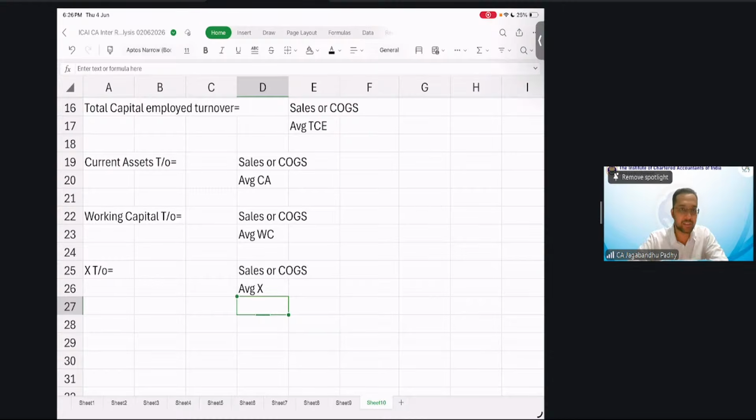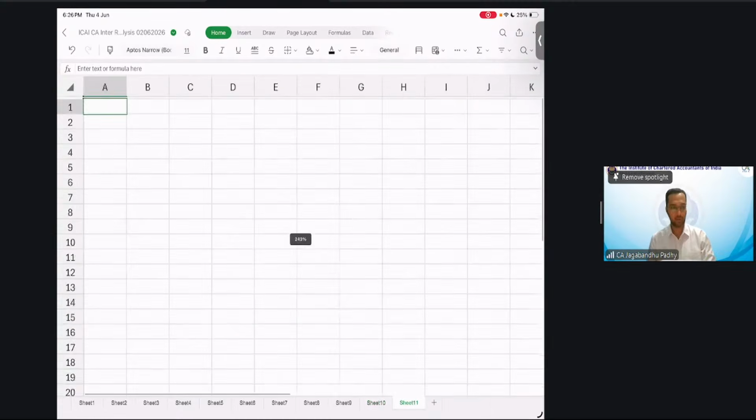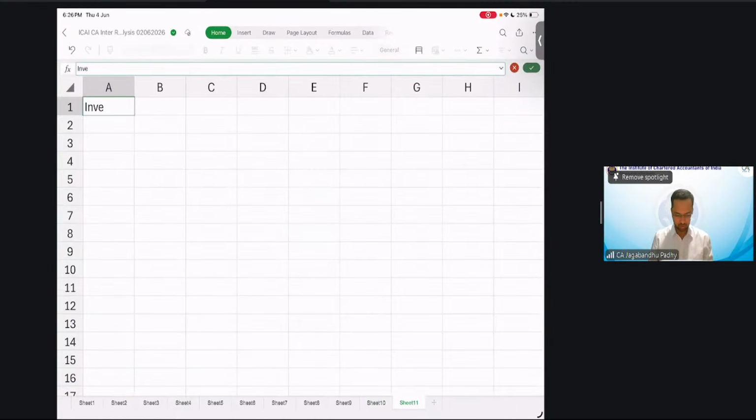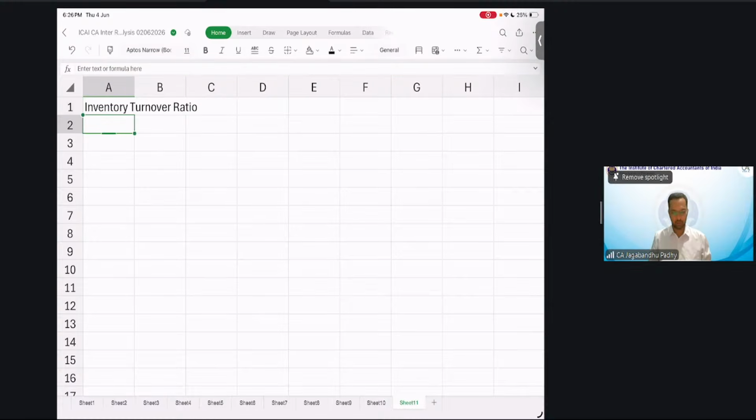So working capital ratios we need to be very critical about when it comes to any of these numbers. So let's try to understand them. We'll first discuss something called the inventory turnover ratio. Right. So let's try to understand this.